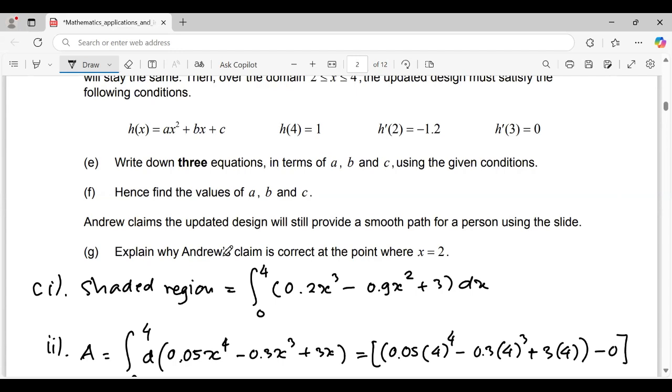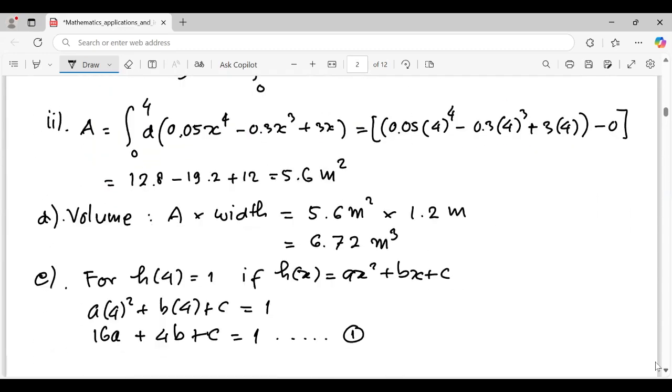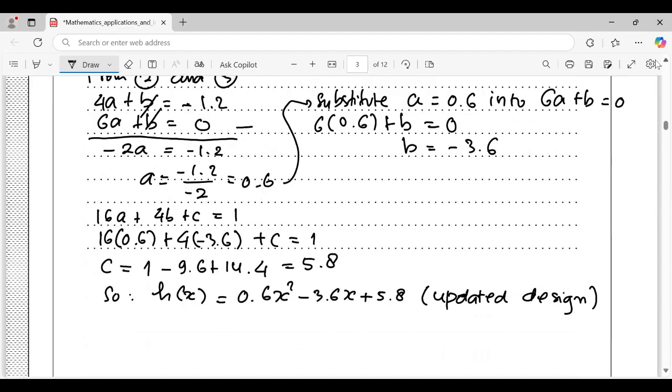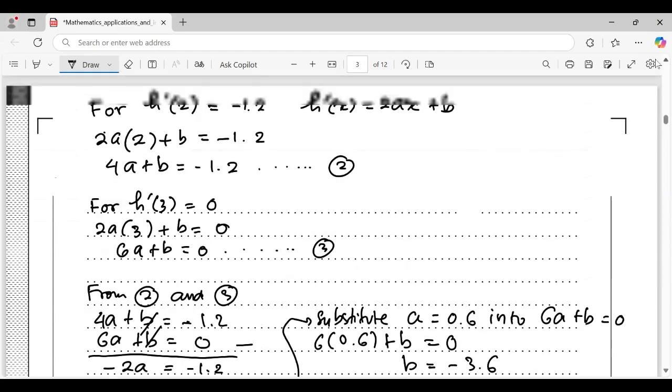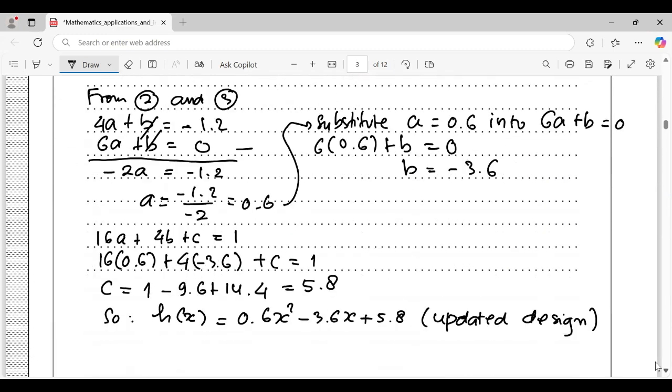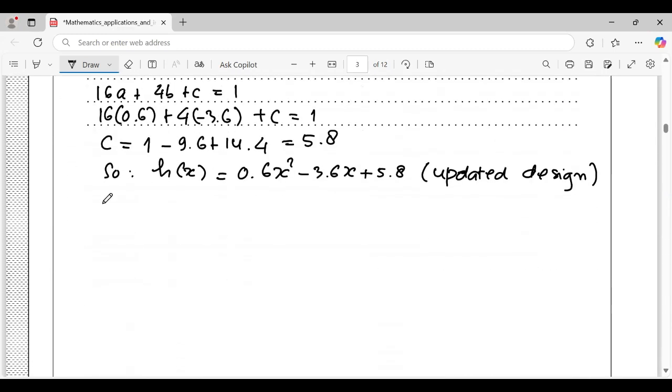Explain why Andrew's claim is correct at the point where x equals 2.